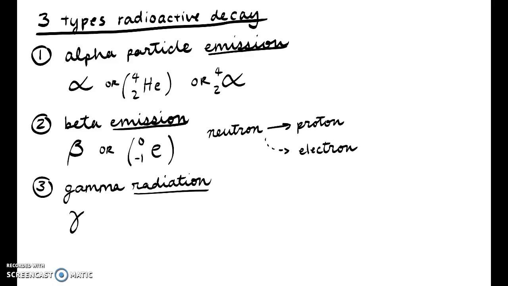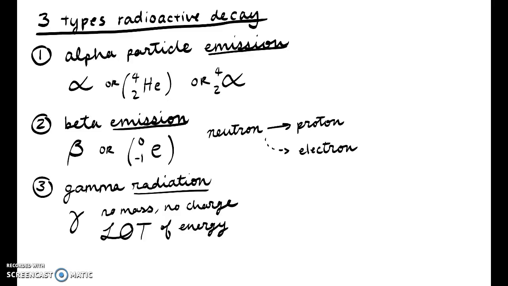Gamma isn't a particle. Gamma doesn't have a mass and has no charge. But it does have a lot of energy, so much so that it can penetrate through almost anything and can only be stopped by lead or concrete. So these are our 3 types of radioactive decay.